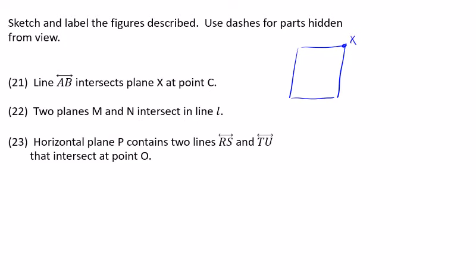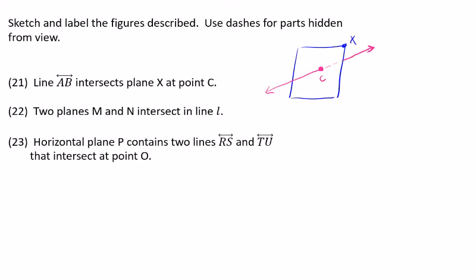Remember, a lot of times we use 3 letters to make a plane, but we'll just indulge them here. Then we have a line AB, which comes from one side and intersects at point C, and then keeps going through the plane to the other side. Actually this should be solid here.